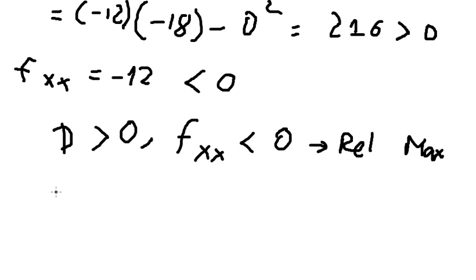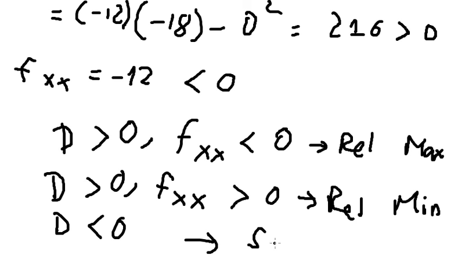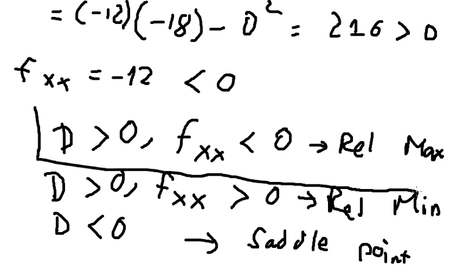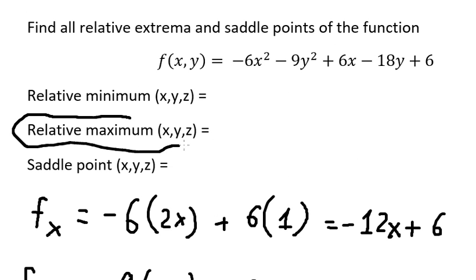So we have another condition in here. This one for relative minimum, and D is smaller than number 0. That is about the saddle point. So in this one, we just have this one in here. So that should be about maximum.